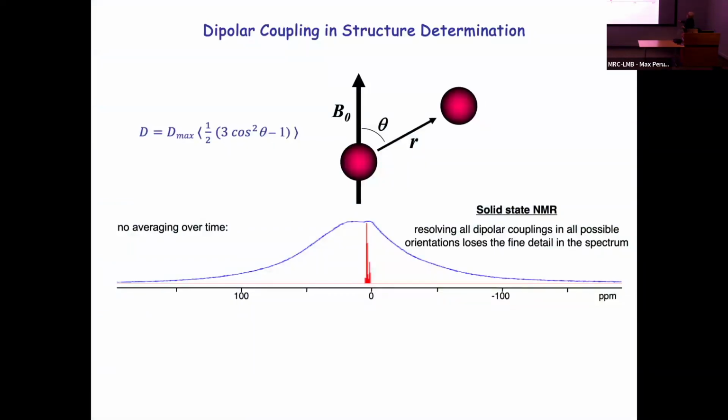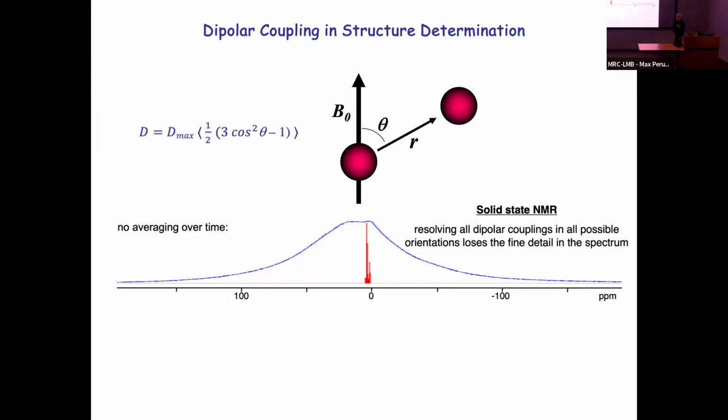When we put a spin into solution, it has an orientational dependence of this bond vector. So this is looking at the dipole-dipole coupling term now. It has an angular dependence. The angle that that vector makes with the applied field is a factor that affects the value of the observed dipolar coupling field.